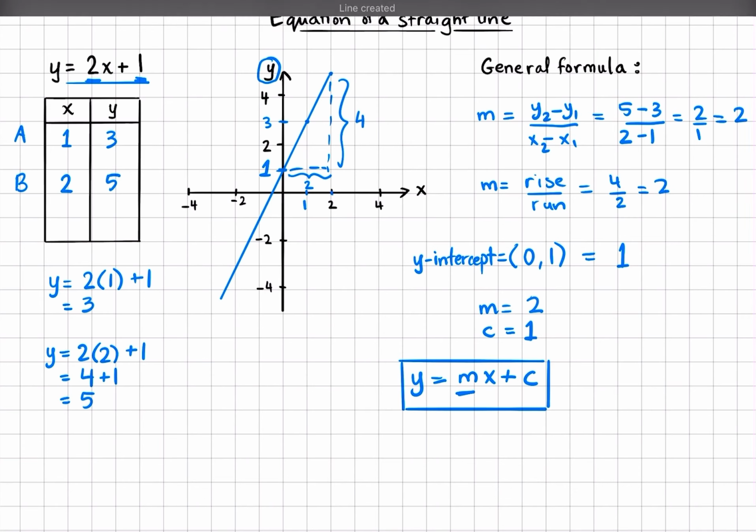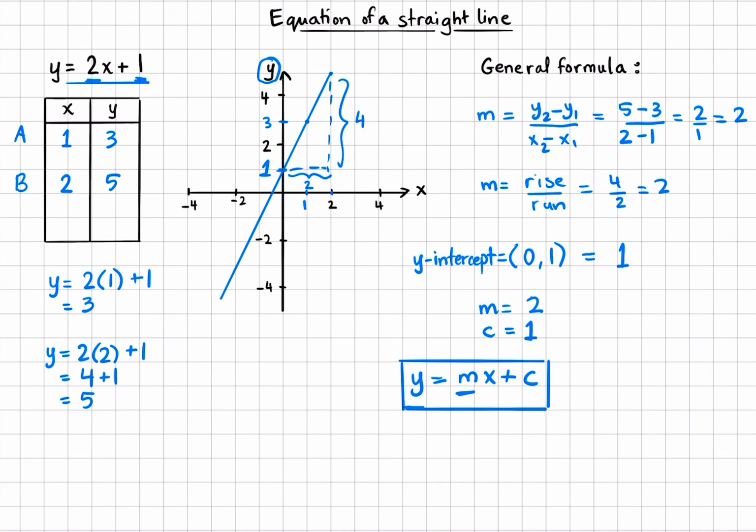If you see any equation for a straight line where y is the subject, you're going to find the gradient multiplied by the x, and you're going to find the y-intercept added to it. Okay? So I want you to keep that in mind: y equals mx plus c, where m is the gradient, and c is the y-intercept.